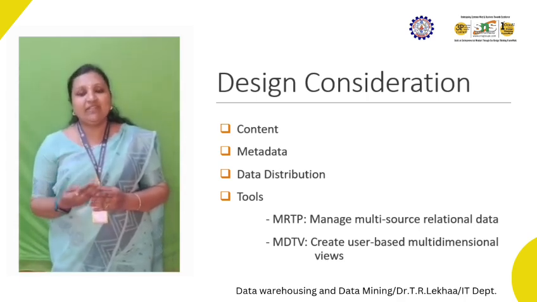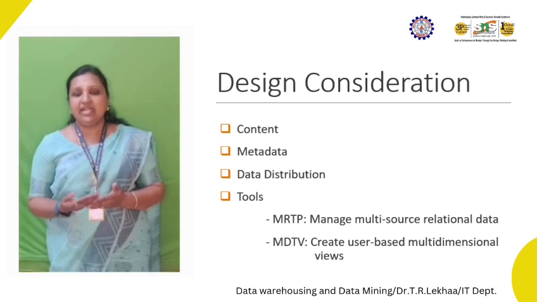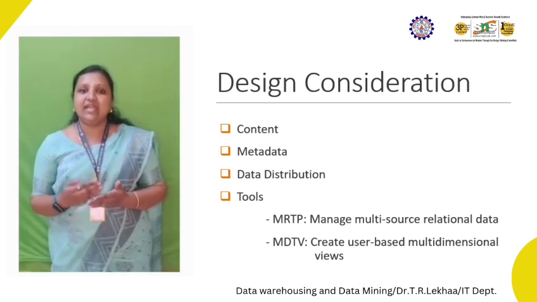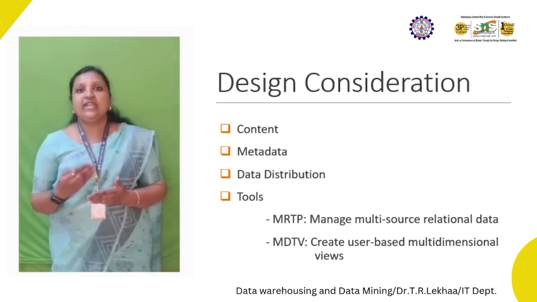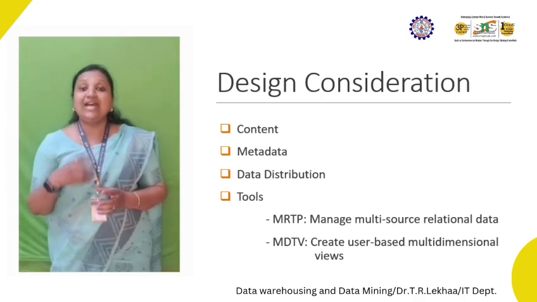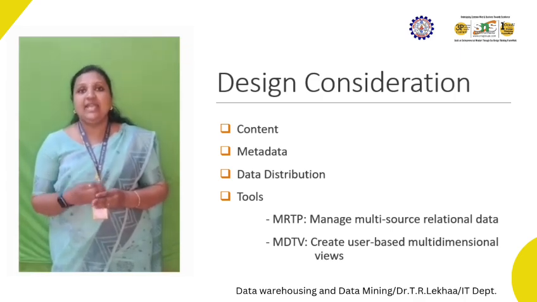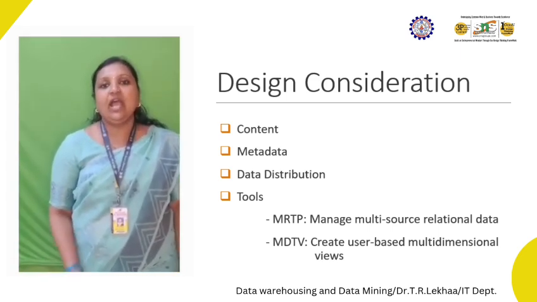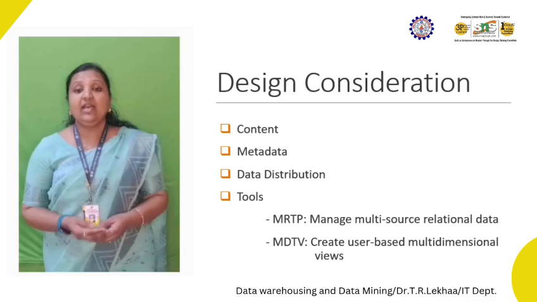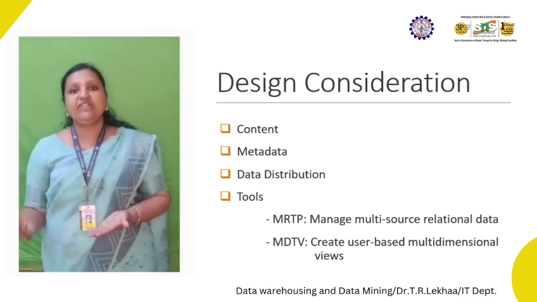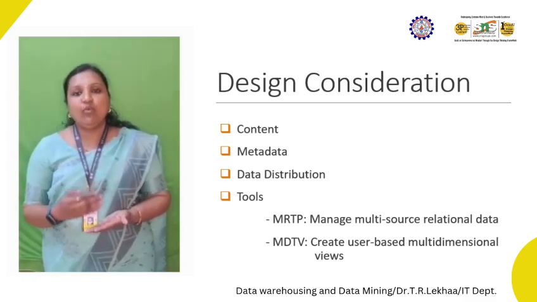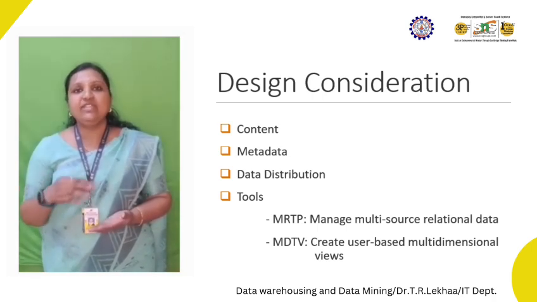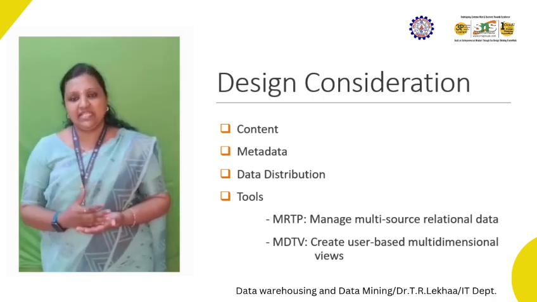The next part of the design consideration is the metadata. Metadata means data about data, and how to take care of the data when there is a large amount of it. Then data distribution: in data distribution, we decide how to distribute the data, to which location, and at what time, everything to be taken care of in data distribution.